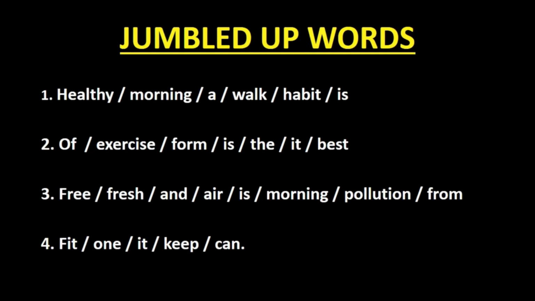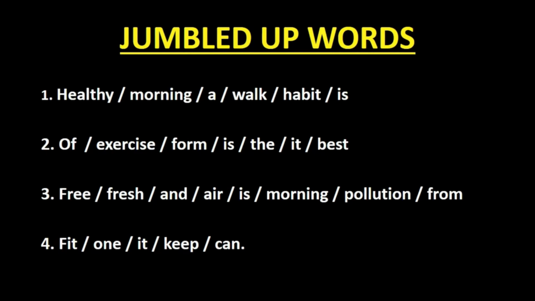And one thing, don't forget, you have taken away that part, free from pollution. So morning air, two words we have used. Free from pollution, we have already used three more words there. So morning air is. After a noun or a noun phrase there should be a verb, and there is only one verb. Therefore, undoubtedly, "is" will come. So morning air is. Now there is only one more word which we have not used, that is fresh.